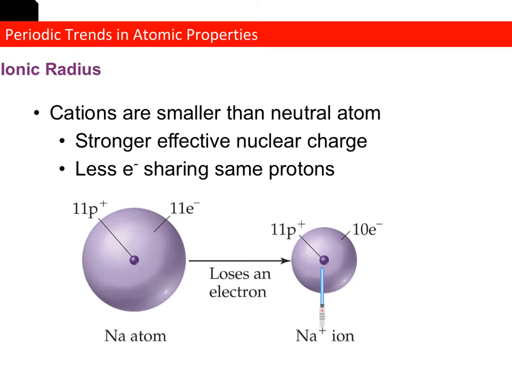And so a cation will lose an electron and become smaller than its parent. We typically call the neutral the parent, and we call the resulting atom or ion the daughter. So the daughter of a cation is smaller than its parent, because you have less electrons total sharing the same number of protons.